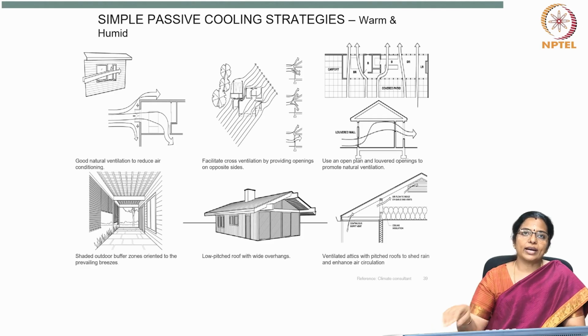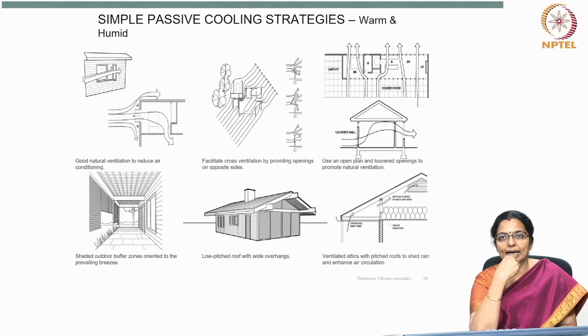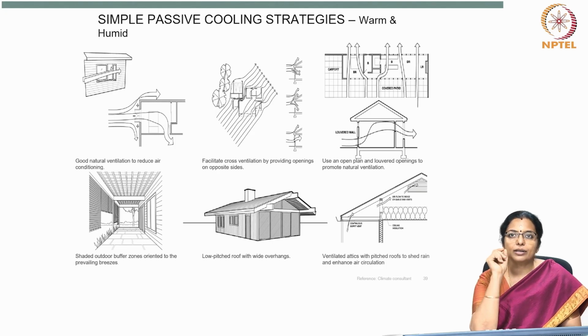We will quickly look at simple passive cooling strategies in warm and humid climate. So, good natural ventilation is required to reduce air conditioning and facilitate cross ventilation by providing openings on opposite sides. Using an open plan will promote natural ventilation.